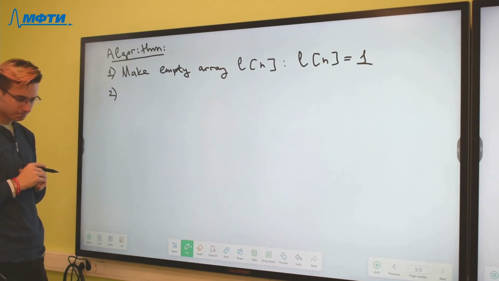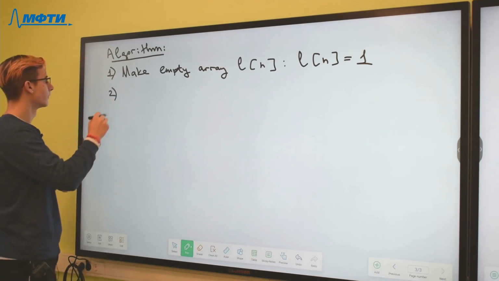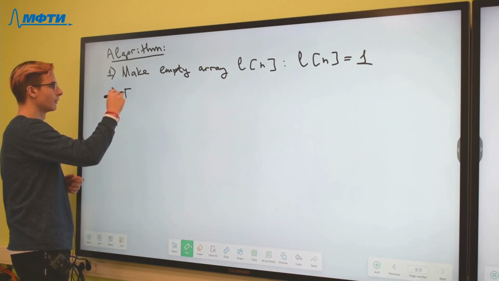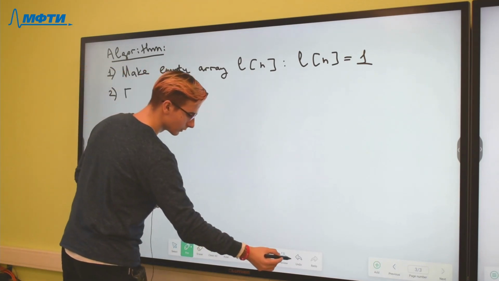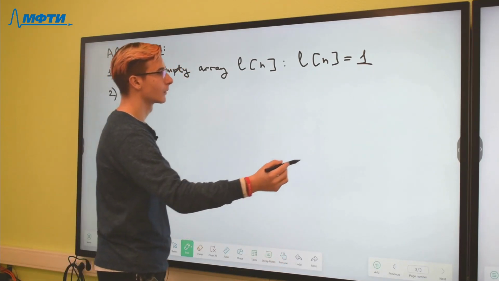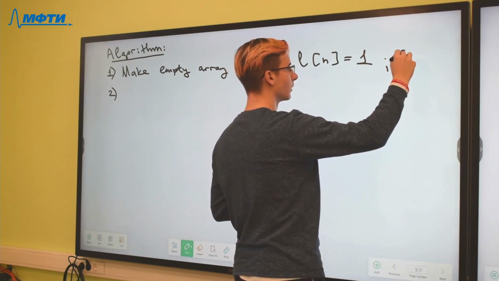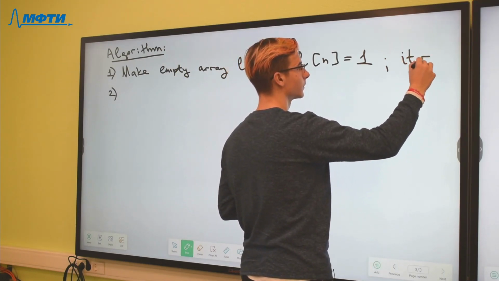Then we set, for example, the iterator i to 2.